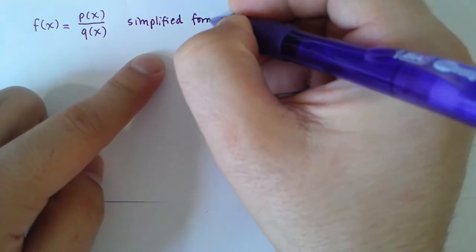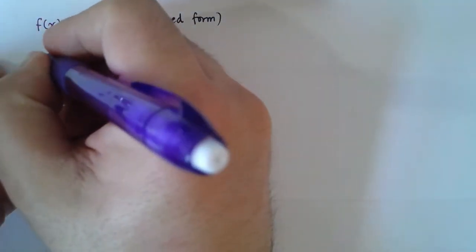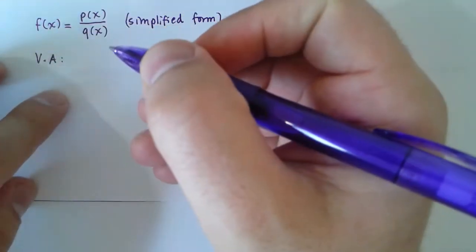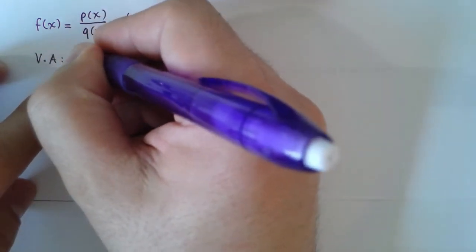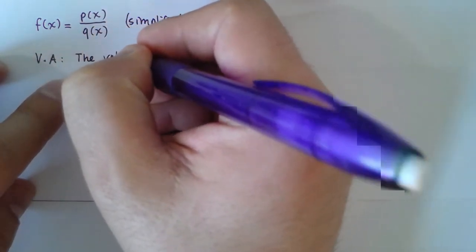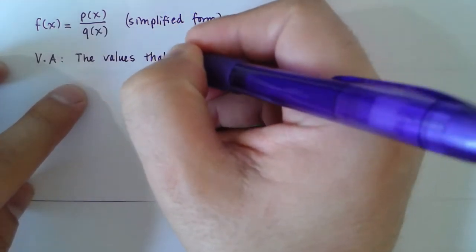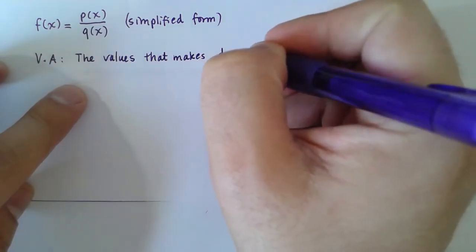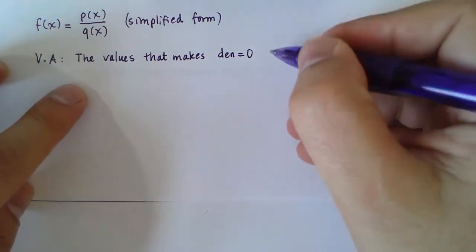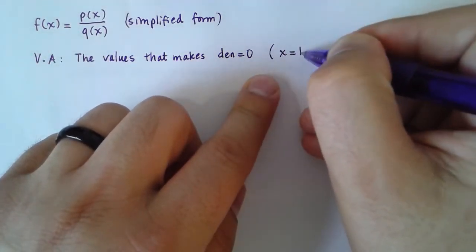Then the vertical asymptotes can be found by setting the denominator equal to 0, that is, the values that make the denominator equal to 0. So those are the vertical asymptotes. If that value is, for example, k, then it's going to be of the form x equals k.